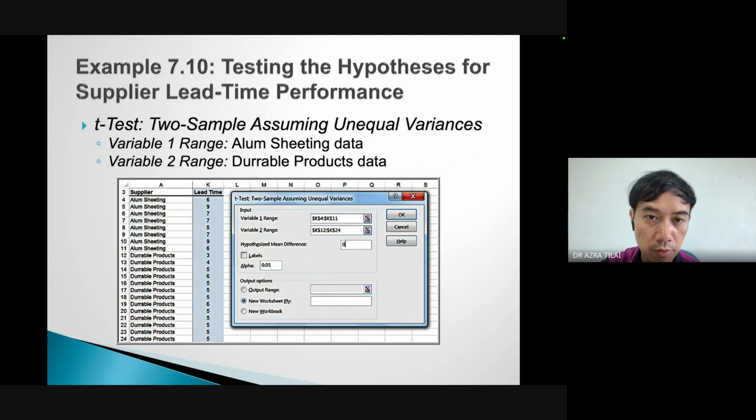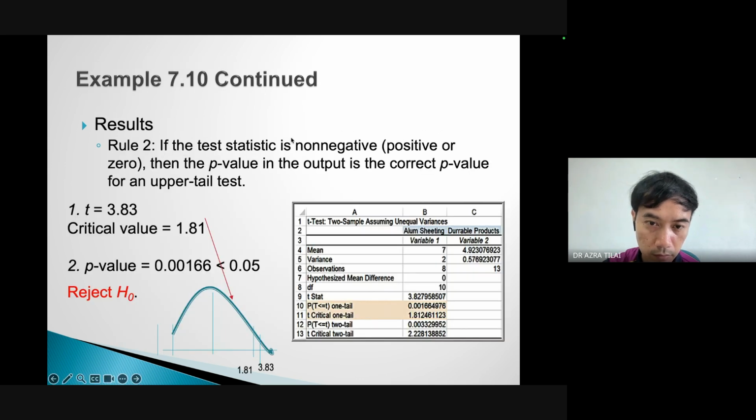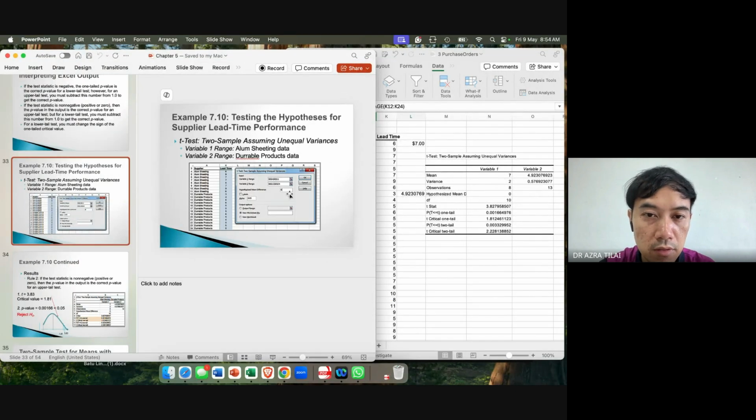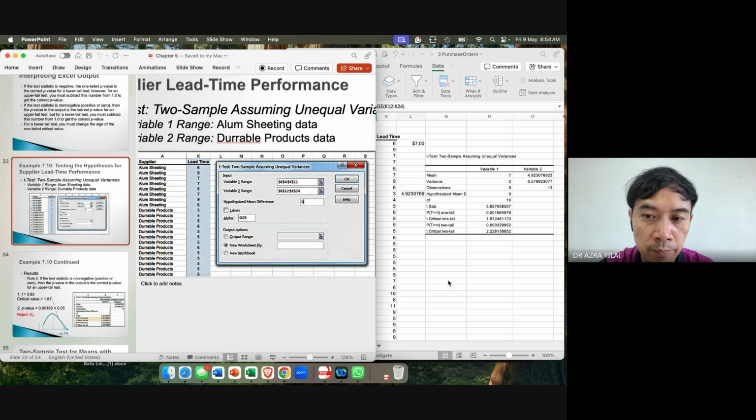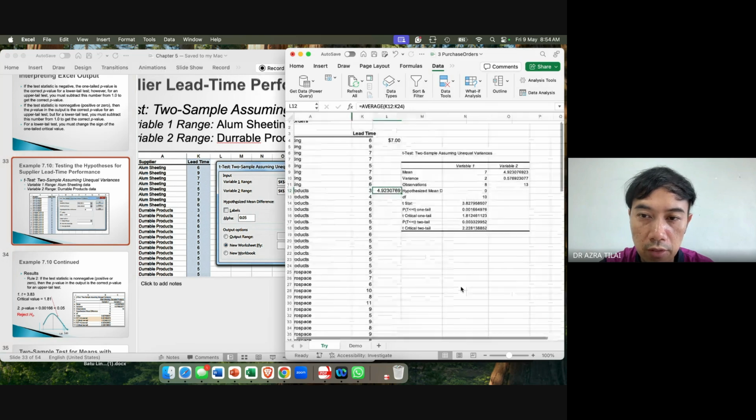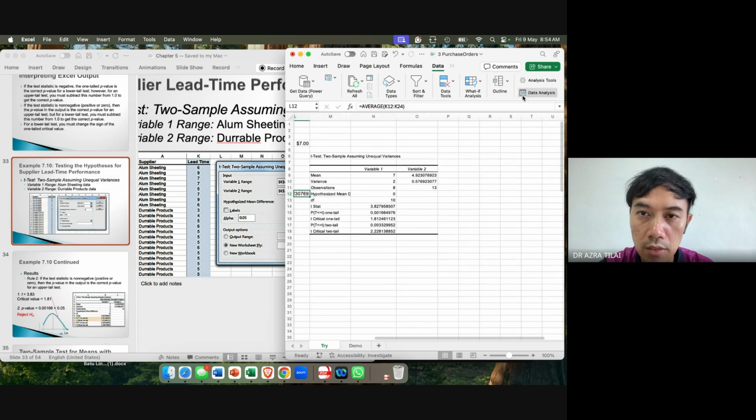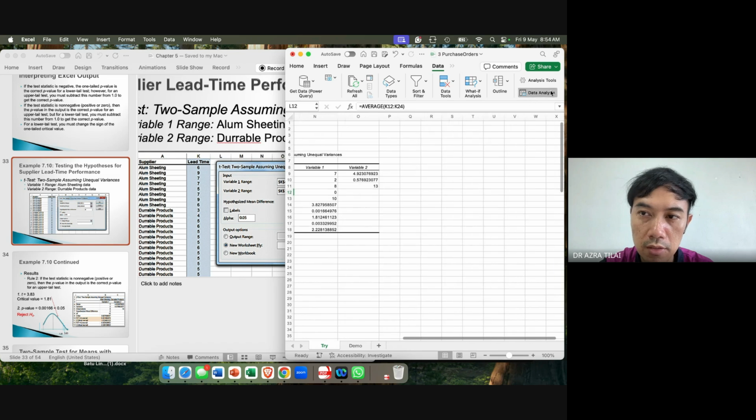Okay, so we can follow this example here. Two sample assuming unequal variances. Okay, so alum sheeting data and durable products data. So we can try. Okay, we try following this. Okay, what you can do is, you can go to data, data analysis.